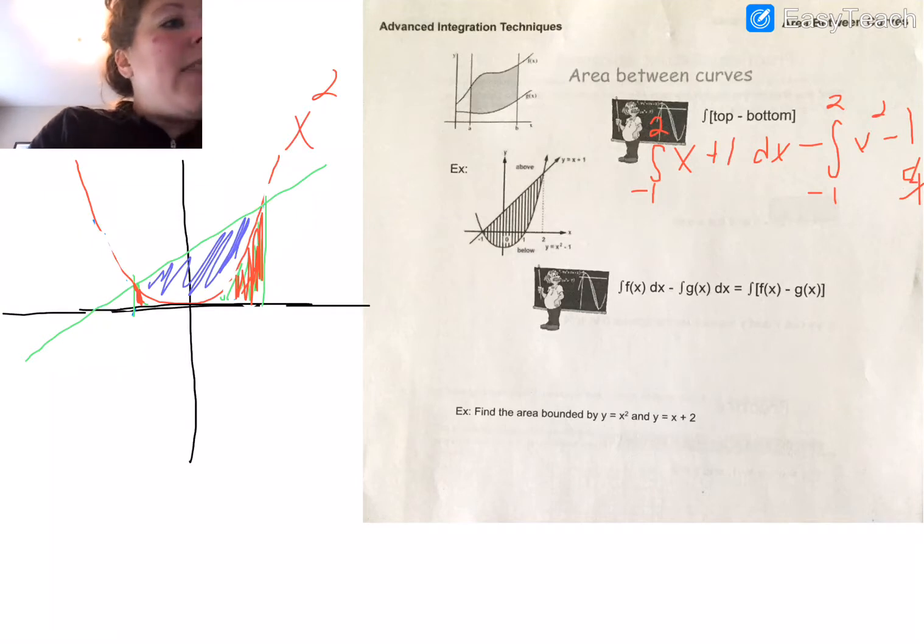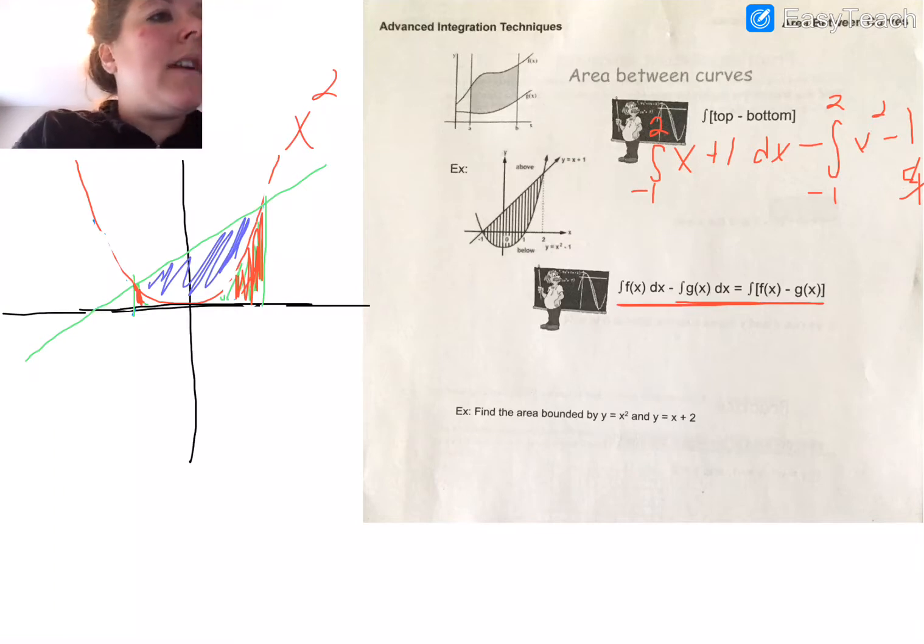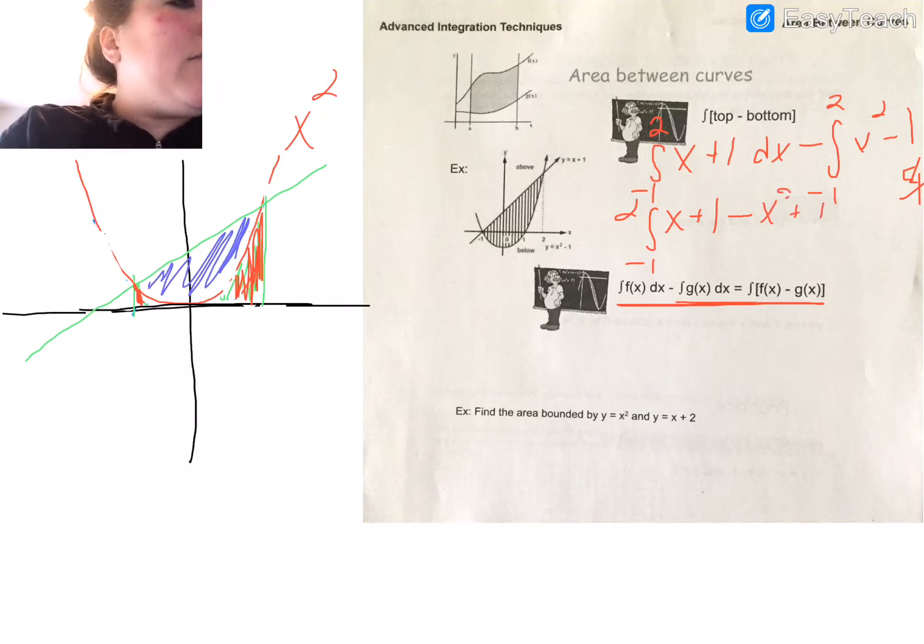And then we're going to use this property right here to combine them into one integral. So I'm going to have the integral from -1 to 2 of x plus 1 minus, and I've got to distribute that minus sign now, x squared minus 1.